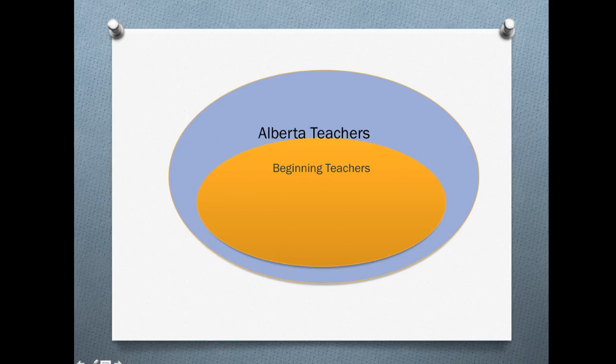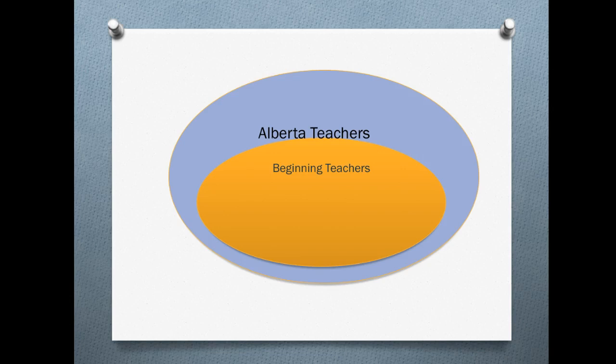They had made that decision not that long ago, obviously, because they were just beginning. And so they were more aware than perhaps some of the teachers who had been teaching for some time would have been.